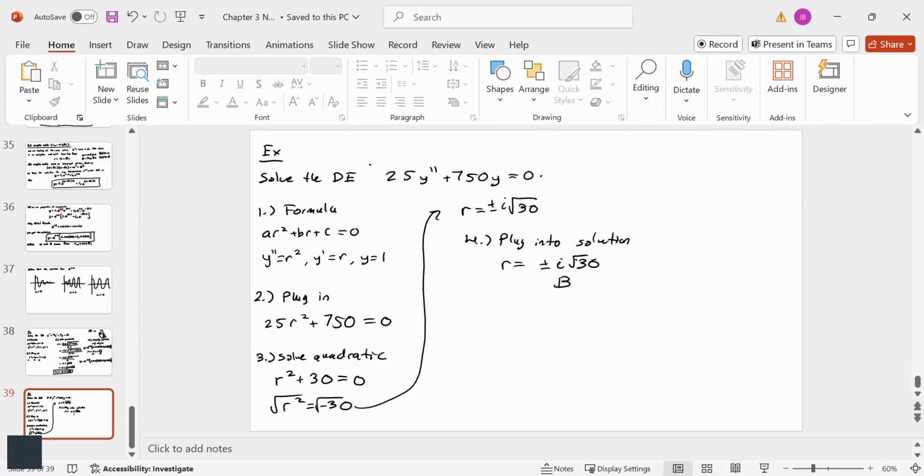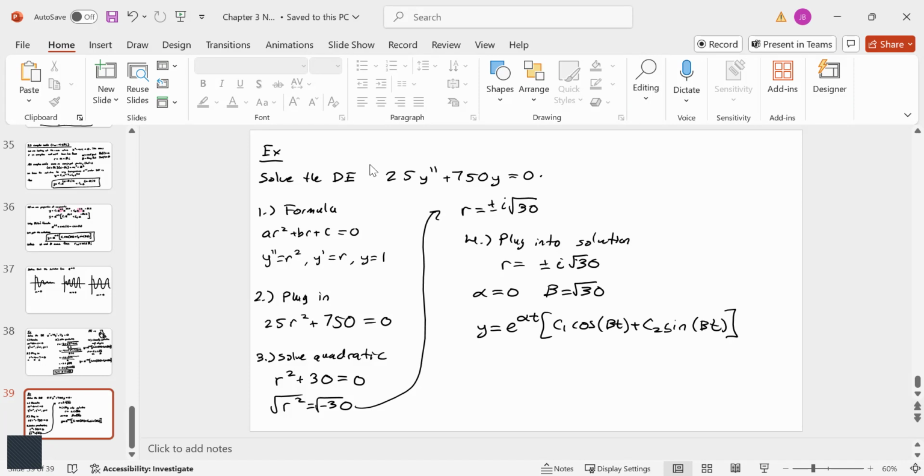So alpha is equal to 0. Beta is equal to square root 30. There we go. And then y is equal to e to the alpha t, c1 cosine beta t, plus c2 sine beta t. So be careful.